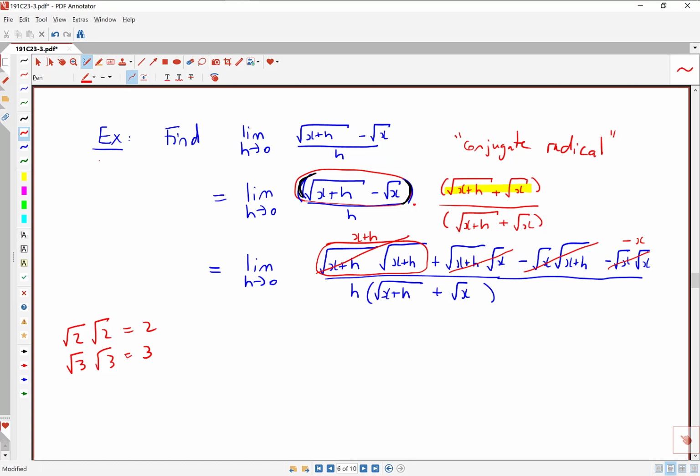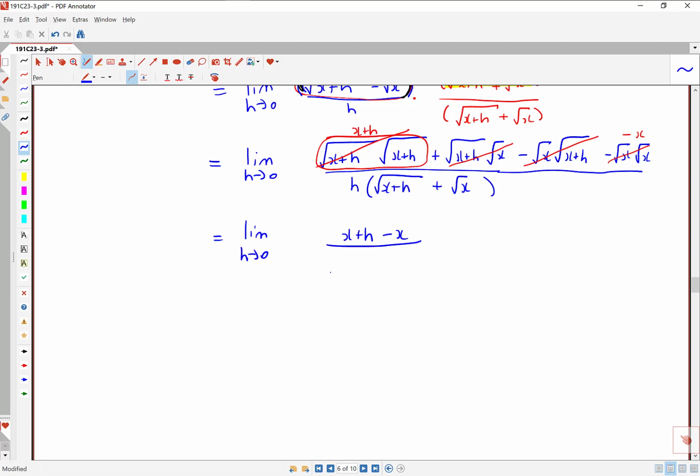Wow, so that actually simplifies really nicely. Let's get this cleaned up, and we're pretty much in the home stretch here. So we're talking limit as h goes to 0 of, we've got x plus h minus x, and then in the denominator, h times a bunch of stuff, our conjugate radical, root x plus h plus root x.